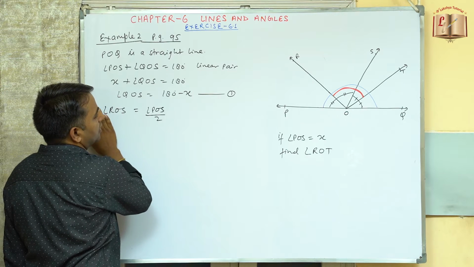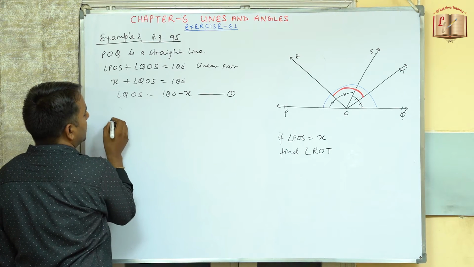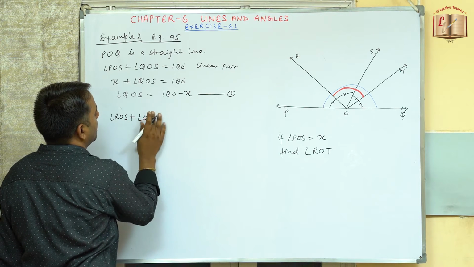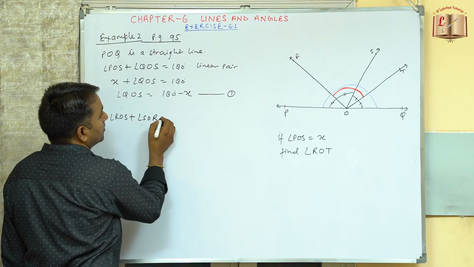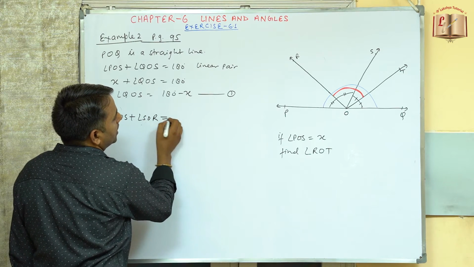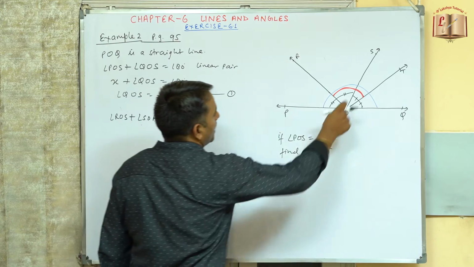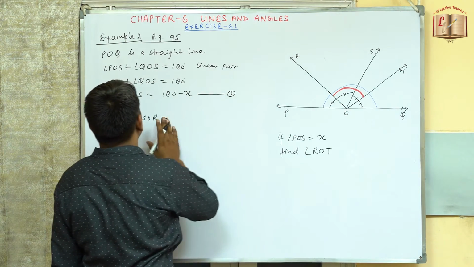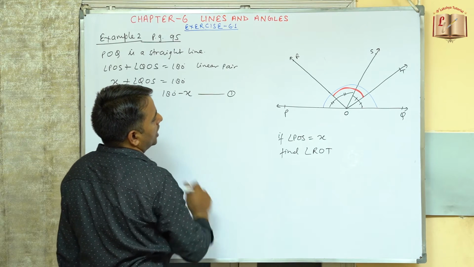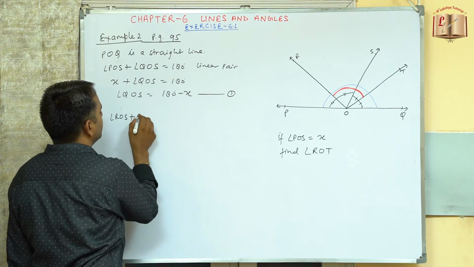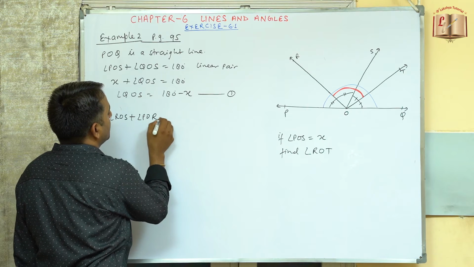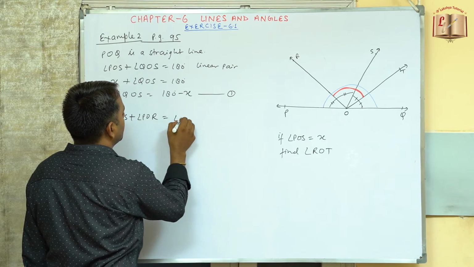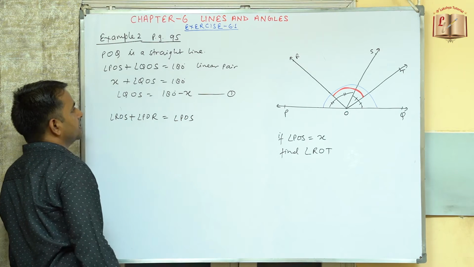Or we can write this in other ways also. This is angle ROS plus angle SOR. This complete will be angle ROS plus angle POR, which equals angle POS.